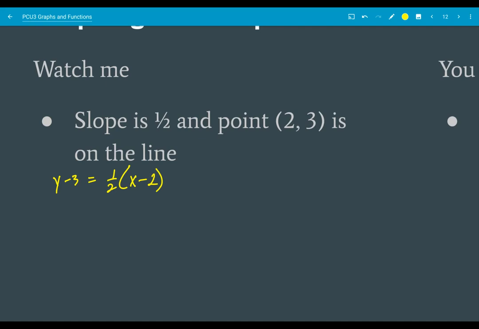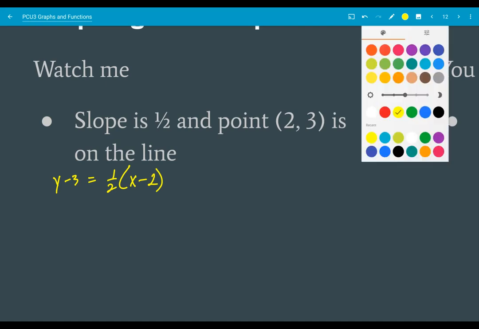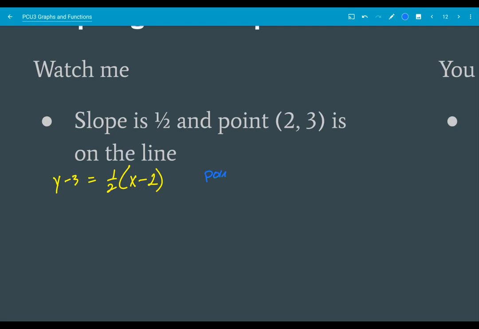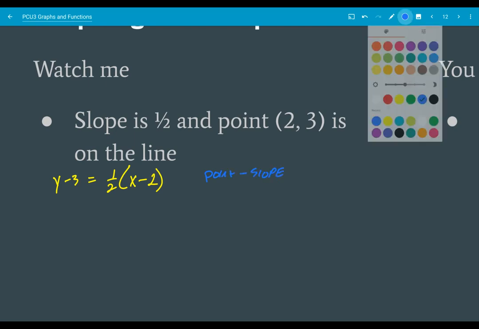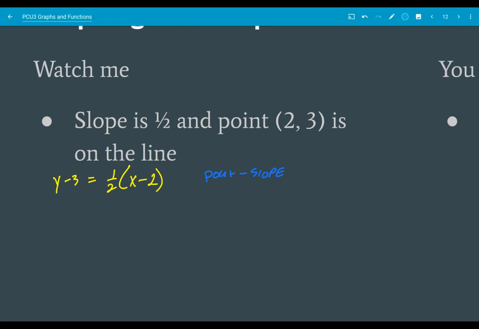With slope-intercept, if that's your preferred method, it's y equals mx plus b, and we don't know what b is. So what you do is you plug in your point.